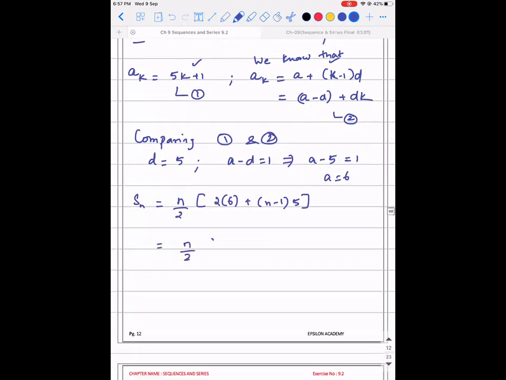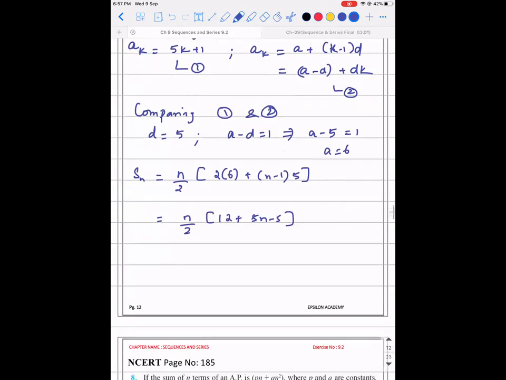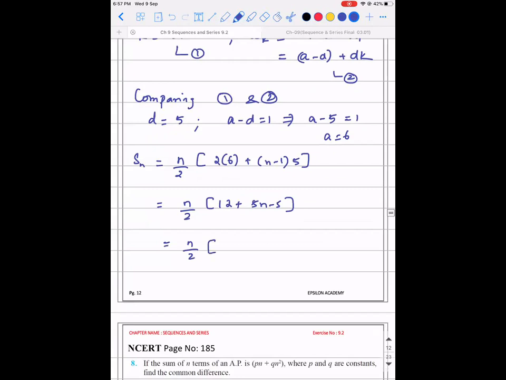So n by 2 into 12 plus 5n minus 5, which gives 7n by 2 plus 5n square by 2, or you can leave it in the previous form also. n into 7 plus 5n divided by 2.